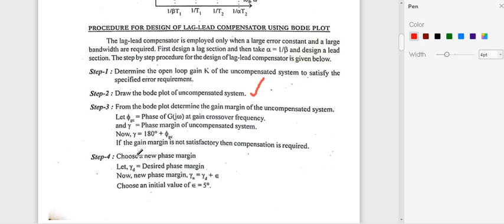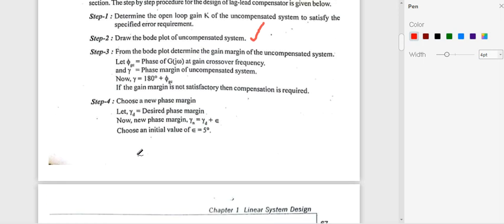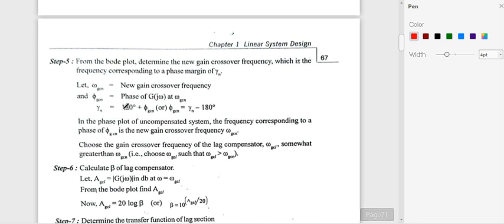That is step 4. In the next step we have the equation gamma n equals 180 plus phi GC n. So phi GC n equals gamma n minus 180. From step 4 we got the value of gamma n. Substituting gamma n here, we find the value of phi GC n.